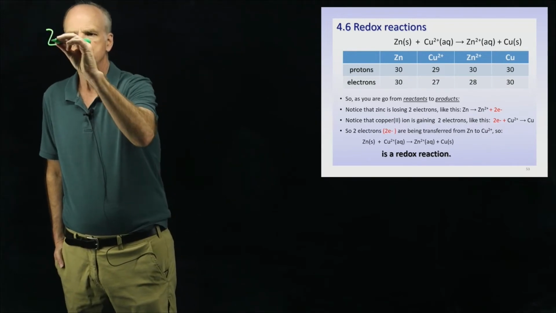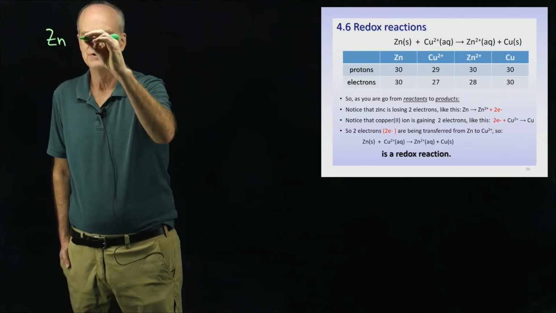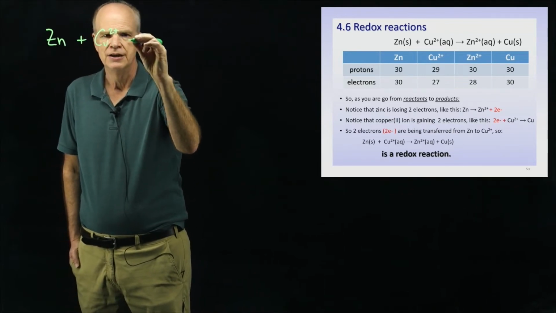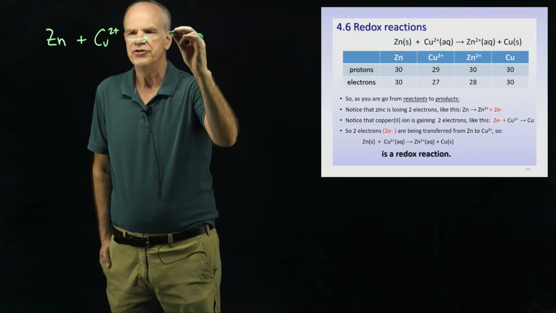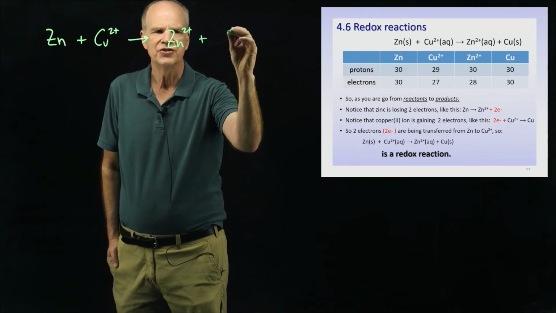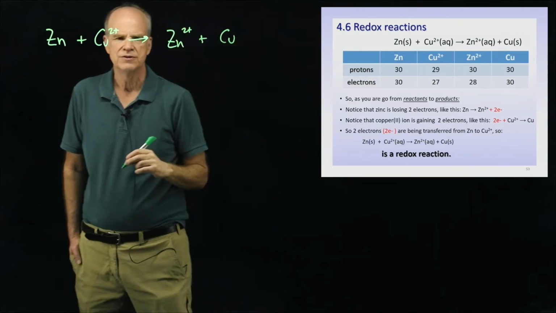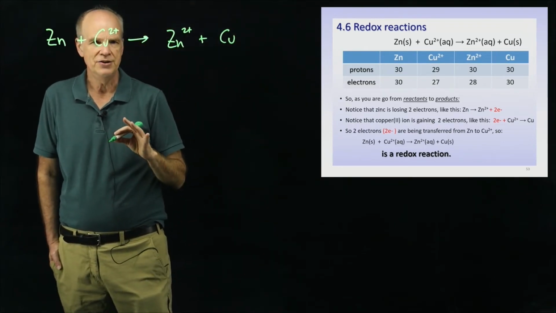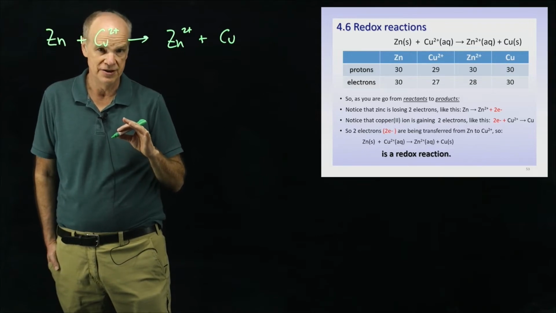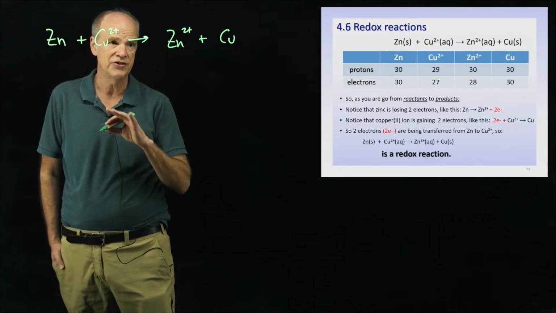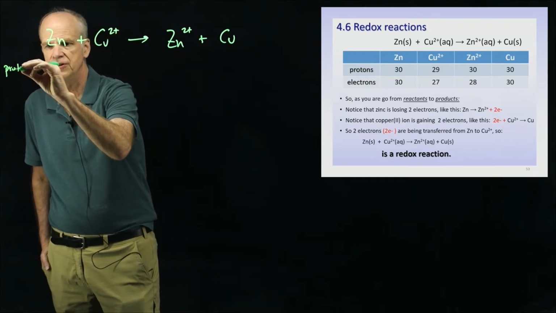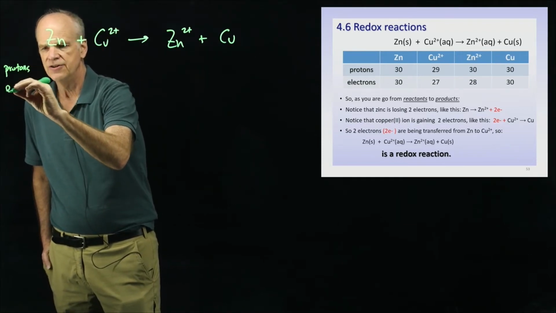We have zinc metal, and it's reacting with copper ion, and it produces zinc ion plus copper metal. To understand why this is a redox reaction, let's evaluate the number of protons and electrons in all these species. Here I'm going to write protons and electrons.